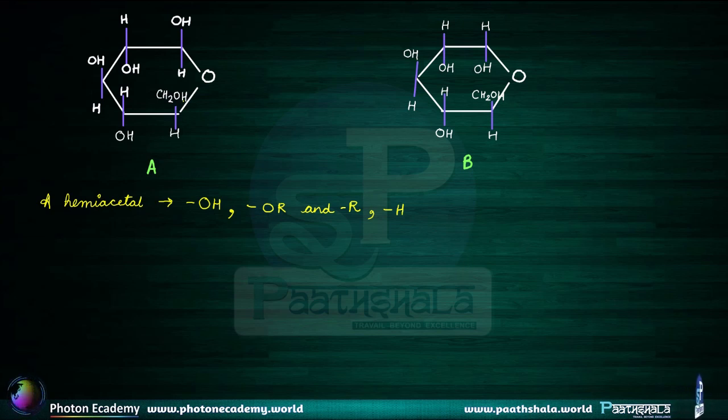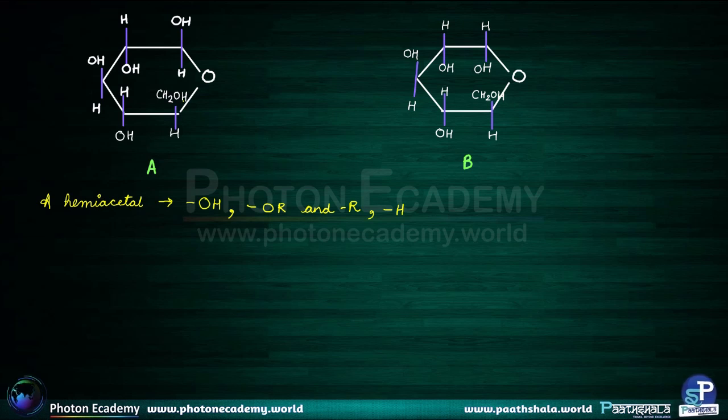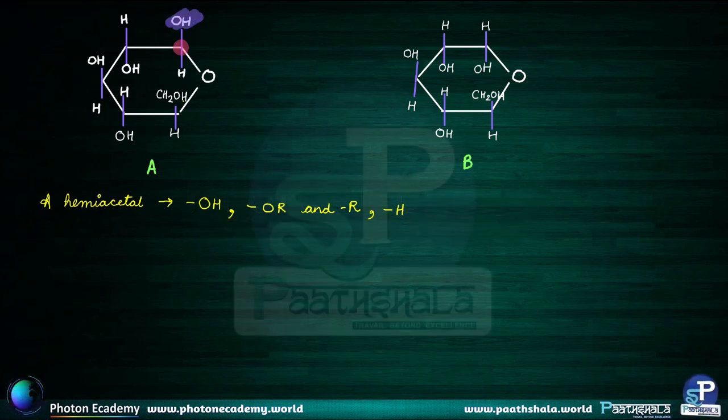So if I look at these two structures right in front of me, can I call this glucose a hemiacetal? How? If I look at this carbon over here, I can see that I have got an OH group. I have got an OR group. Where is that OR group?